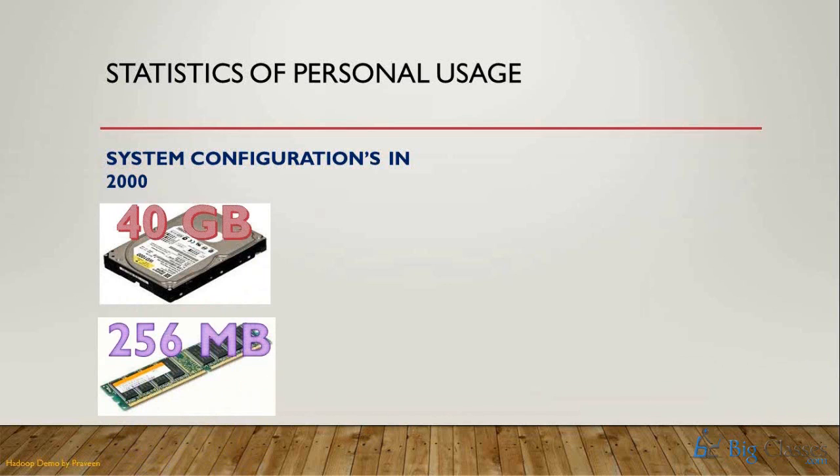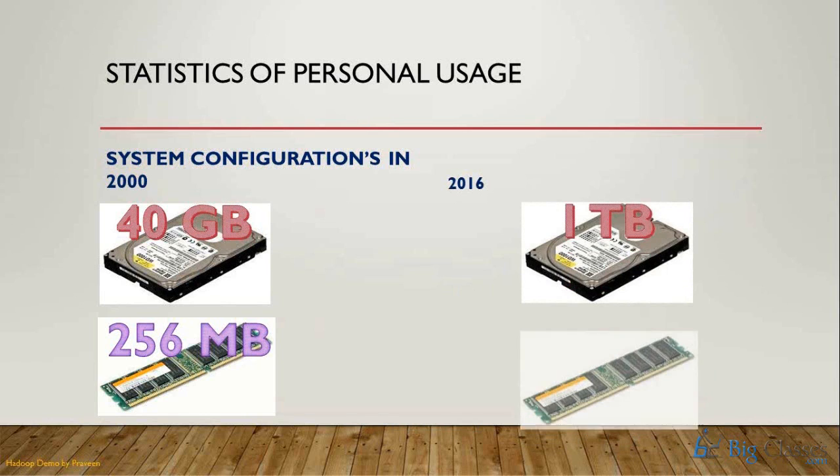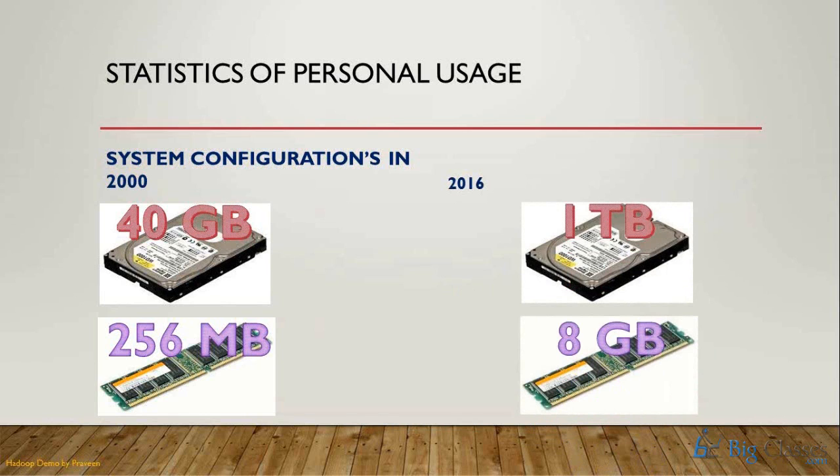That was my machine at the time of my graduation, MCA. And now, in the year 2016, I have a laptop, the one I'm using to take these classes, with a 1 TB hard disk and 8 GB of RAM, guys.